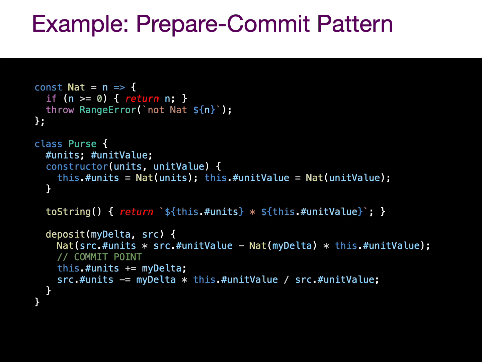This money system has exchange rate conversion built into it. So for each purse, there's a number of units of some currency, which is the variable field, and then there's a unit value, which is how much each unit of that currency is worth in some fine-grained quantum unit of currency. And we use the NAT on construction to ensure that both of these are non-negative.